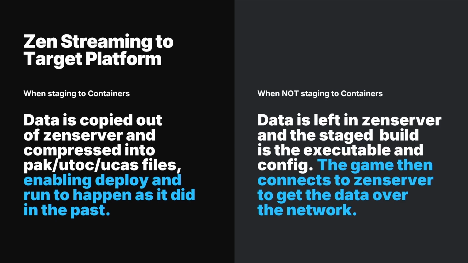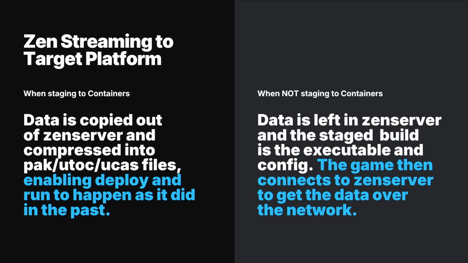So what does Zen streaming look like? Well, what it means is when we stage to container files, stage to pak files, that process takes everything out of the cooked output out of ZenServer, stores it in the container files, and that allows deploy and run to happen as it did in the past. So that matches the historical patterns. When not staging to container files, we leave the data in ZenServer. We don't copy it anywhere.